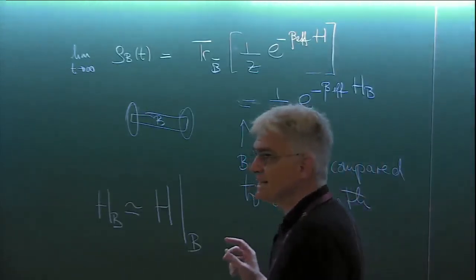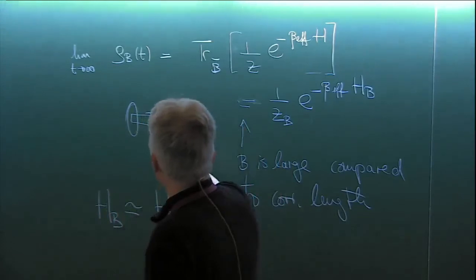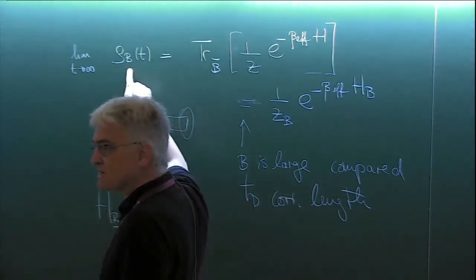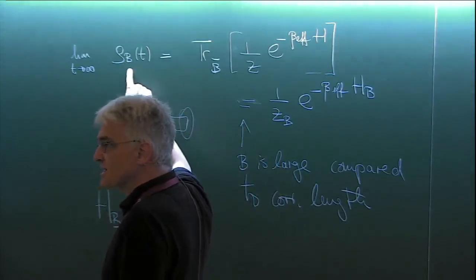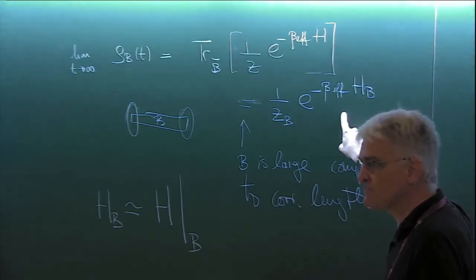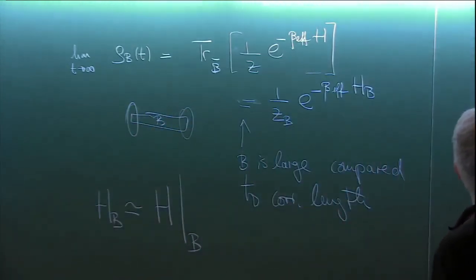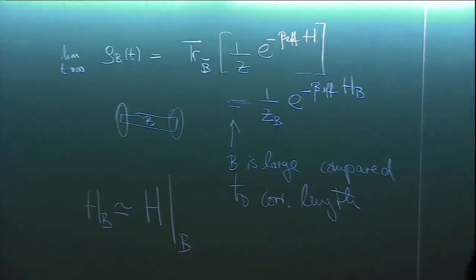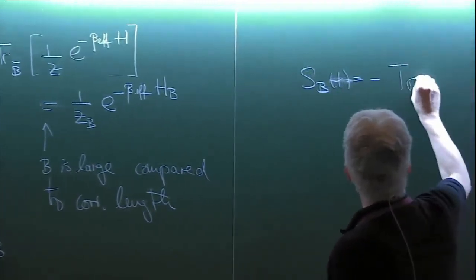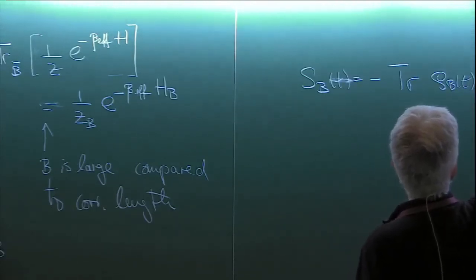But that now tells you, as long as the subsystem is large enough, that the reduced density matrix after the quench is basically equal to the density matrix of some Gibbs ensemble. The von Neumann entropy, S_B of t, is just minus trace rho B of t log rho B of t.